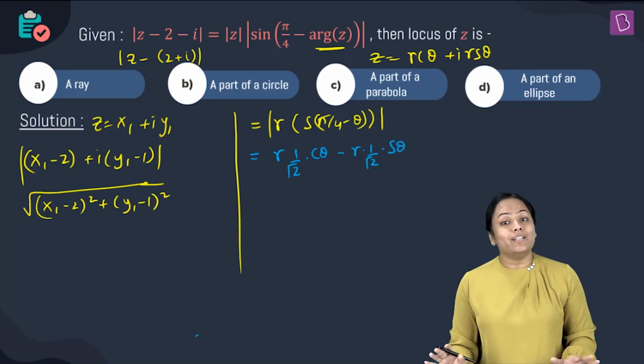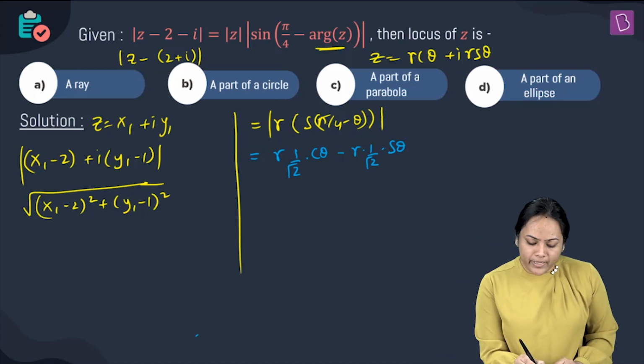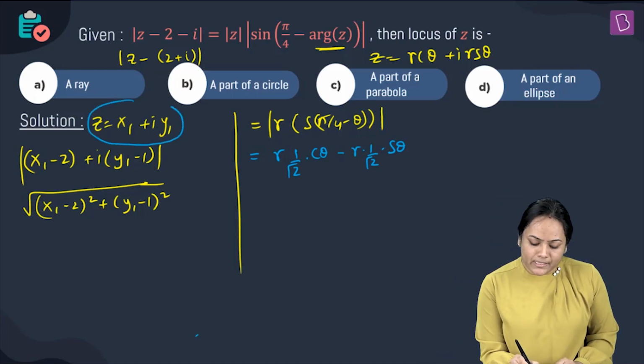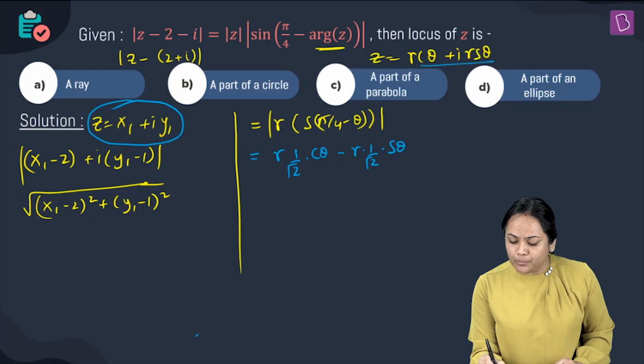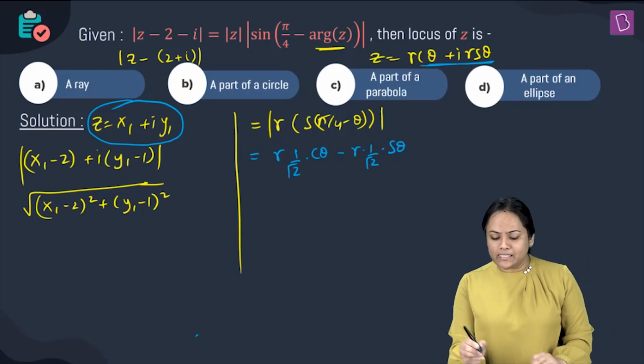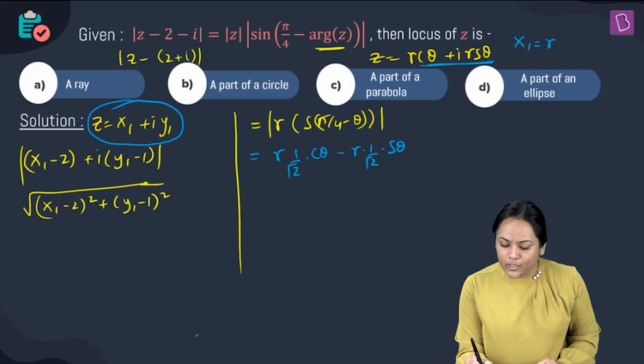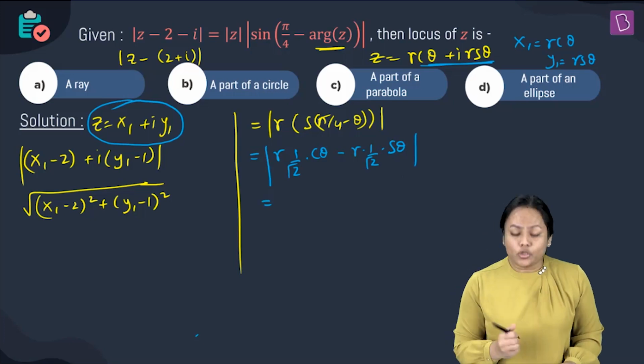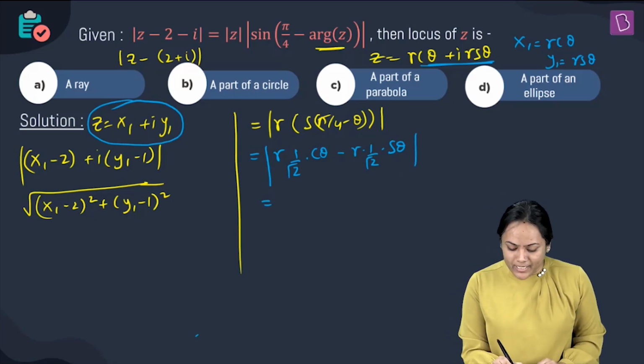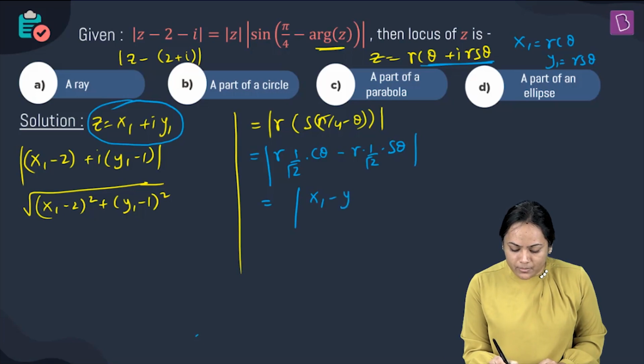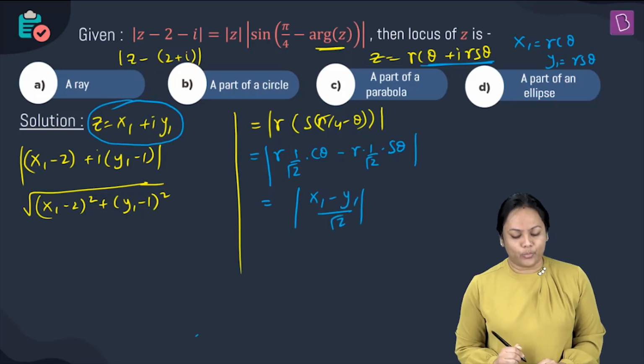Now if I compare the z equals x1 plus i y1 form and the polar form, we can clearly say that x1 will be equal to the r cos theta part, while y1 will be equal to the r sin theta part. So my right hand side finally comes out as modulus of (x1 minus y1) by root 2.